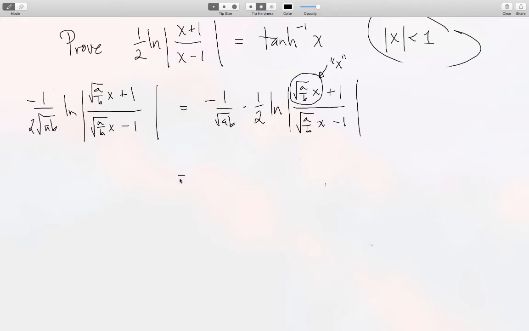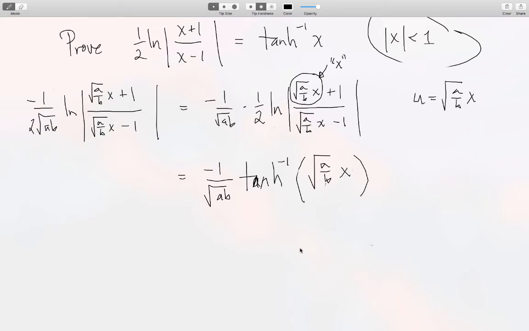So it's -1 over square root AB. Or you might just substitute. You could say u equals the square root of a over b x. If you did it that way, it'd work out the same thing. I'll just say that's the tan hyperbolic inverse of square root a over b x.